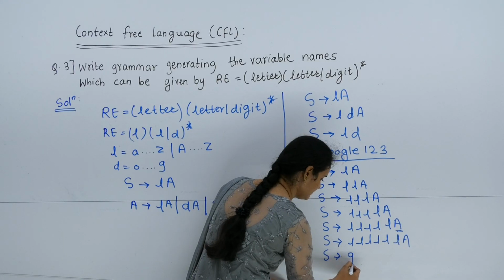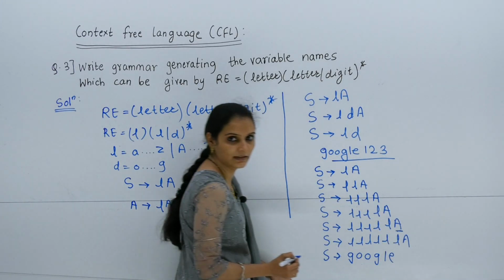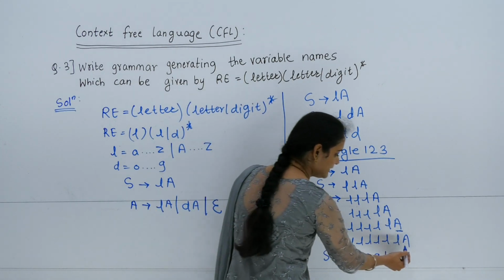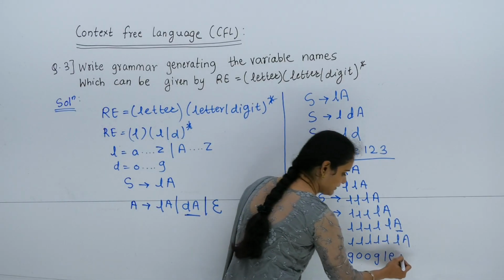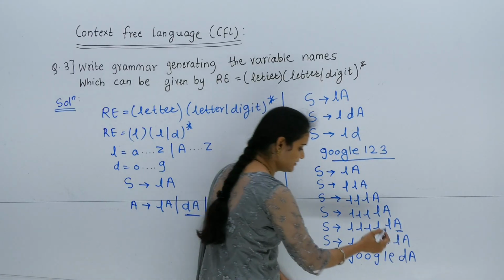Now what is 1, 2, 3? I want 1, 2, 3. Therefore, now that A can be replaced by DA. How many digits do I want? 3 digits.